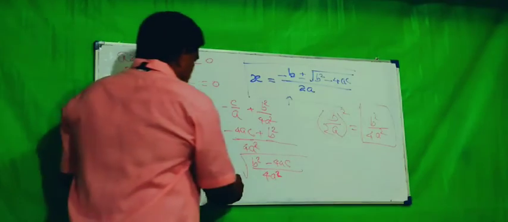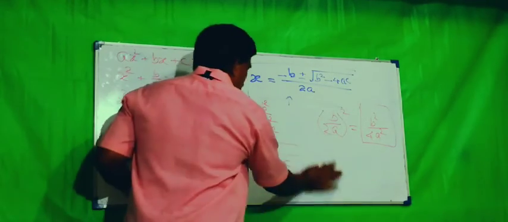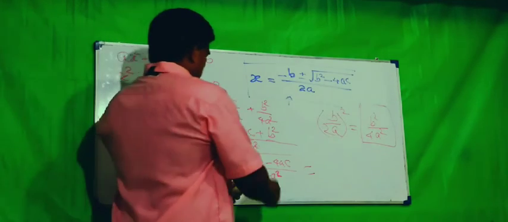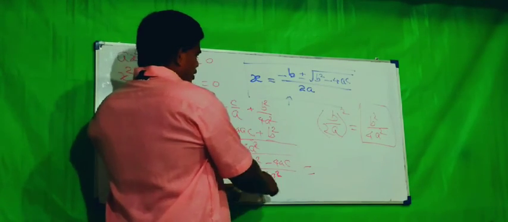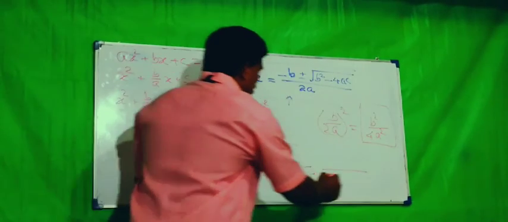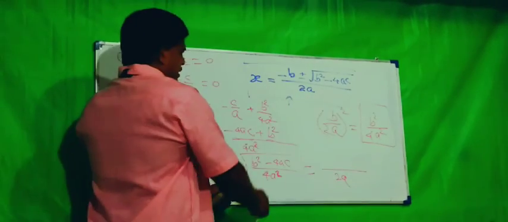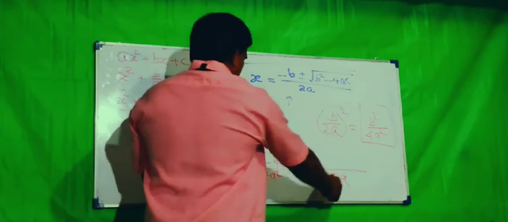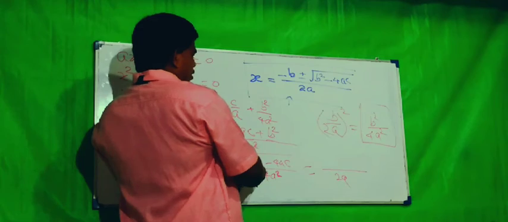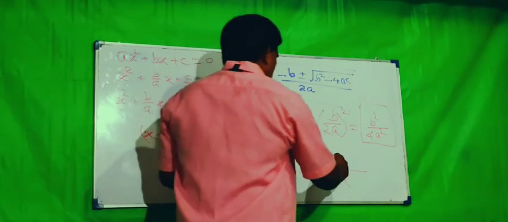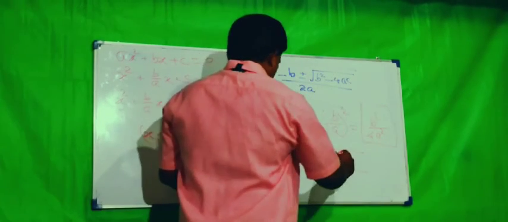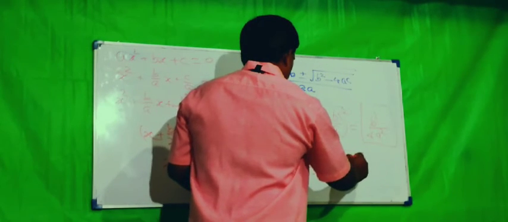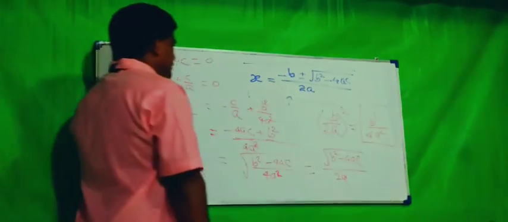Now if we simplify the step, then the square root of the denominator is clear. It is 2a. The square root of the numerator is unknown. It can be put as itself, the square root of b squared minus 4ac.